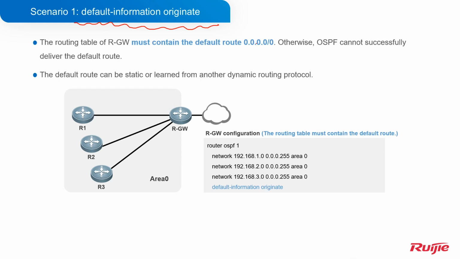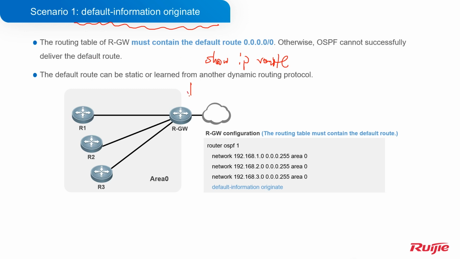It means in our routing entries we have to see this routing entry. On our device, we can use the show ip route command to see if our routing table has the default route information. Otherwise, OSPF cannot successfully deliver the default route.